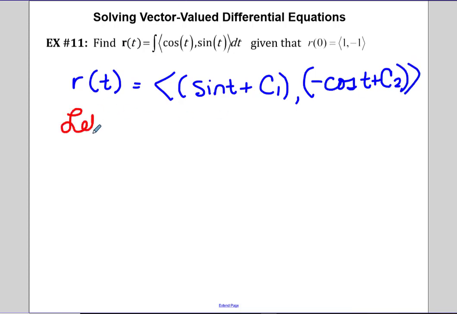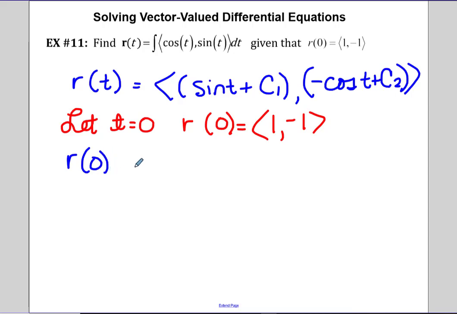And if we let t equal 0, then the r of 0 is our given 1, -1. So r of 0 is the sine of 0 plus a constant, and the negative cosine of 0 plus a constant.